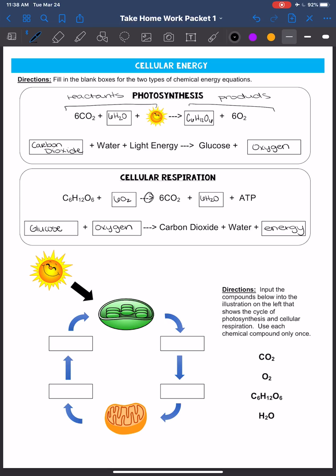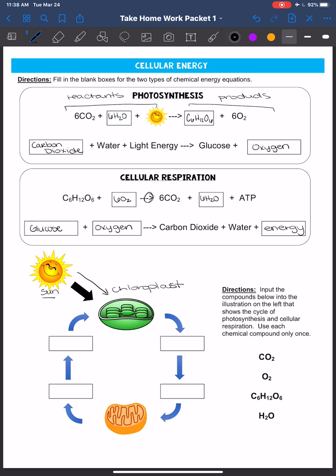This down here at the bottom should look super familiar because we definitely did this in your notebook. So Mr. Sun, Mr. Golden Sun shines down on this chloroplast. The chloroplast puts out, what would you pick from here?